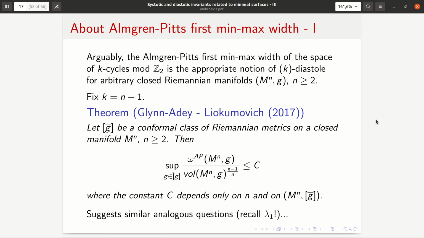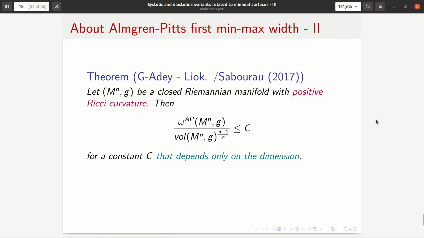And the very last comment that I want to make, also thinking about posing a problem around what I just said about the suitability of the Almgren-Pitts min-max as a notion of diastole, is this result of Glynn-Adey and Liokumovich, which was proved independently by Sabourau.